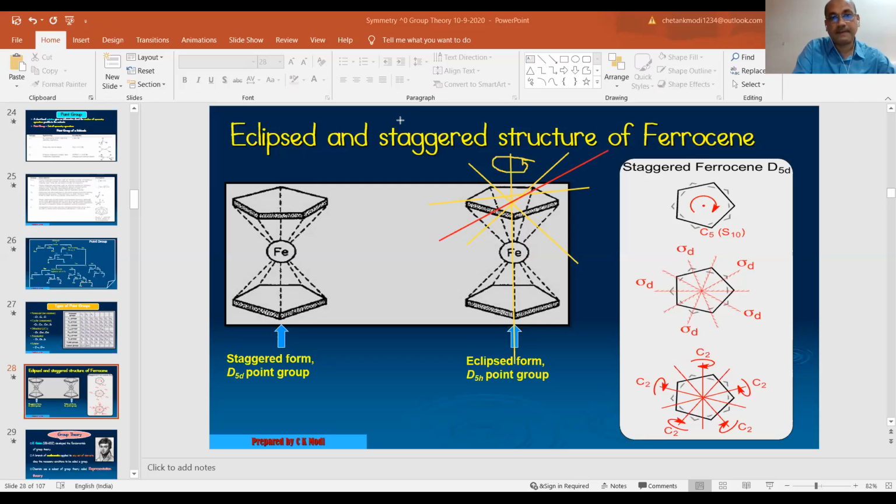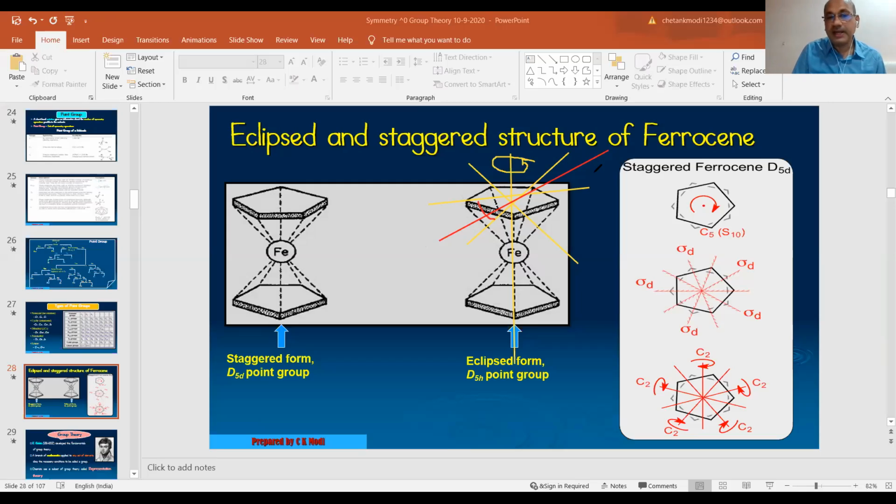They pass through the angle between two subsidiary axes, and each divides the molecule into two parts which are mirror images of each other. The red line indicates the sigma d.